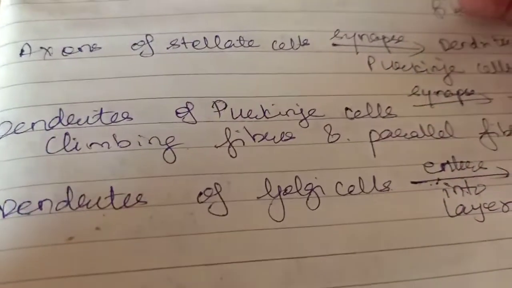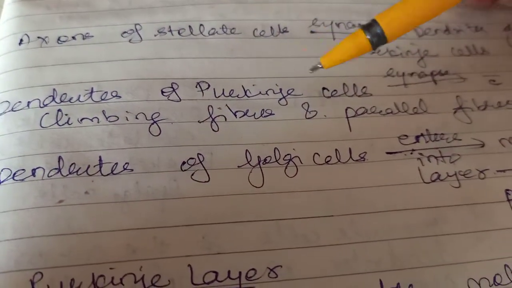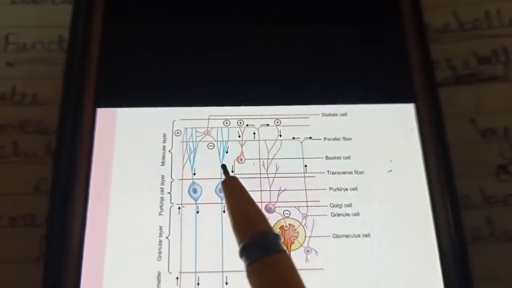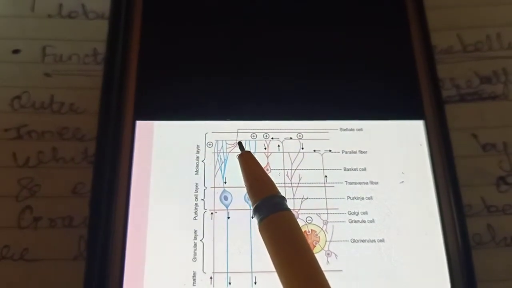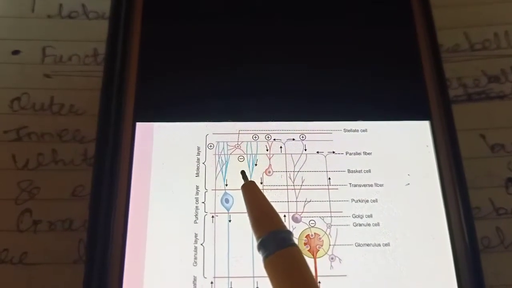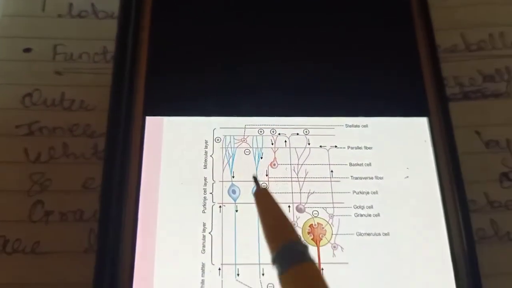Next, the dendrites of the Purkinje cells synapse with the climbing fibers and the parallel fibers.